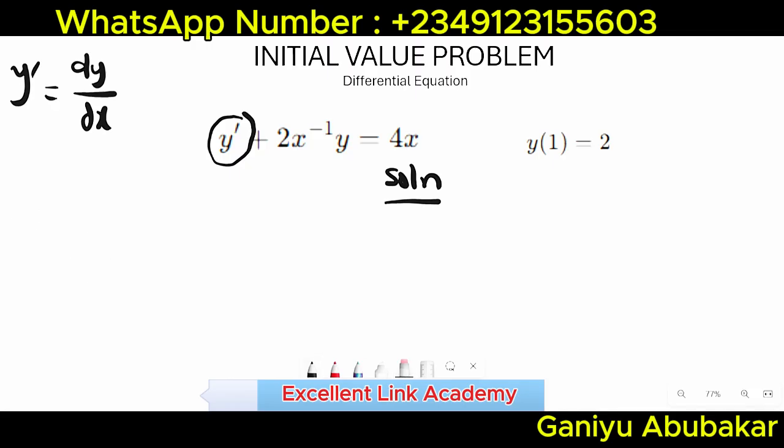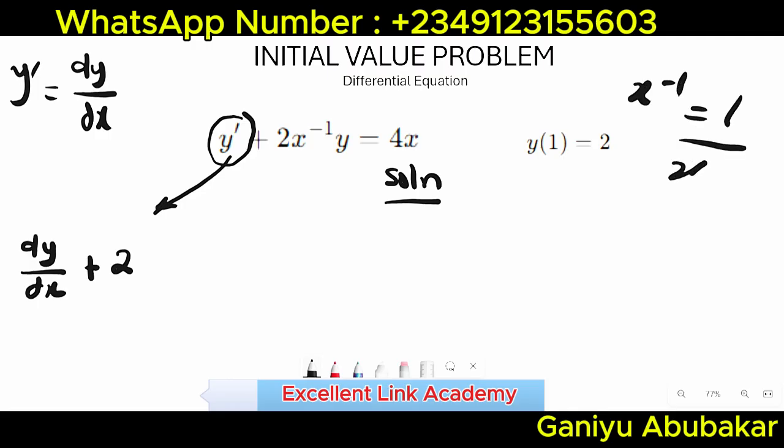Moving on, this y prime now becomes dy/dx plus 2. If I see x to the power minus 1, this means 1 over x. So apply it, that gives you 1 over x, then y equals 4x.